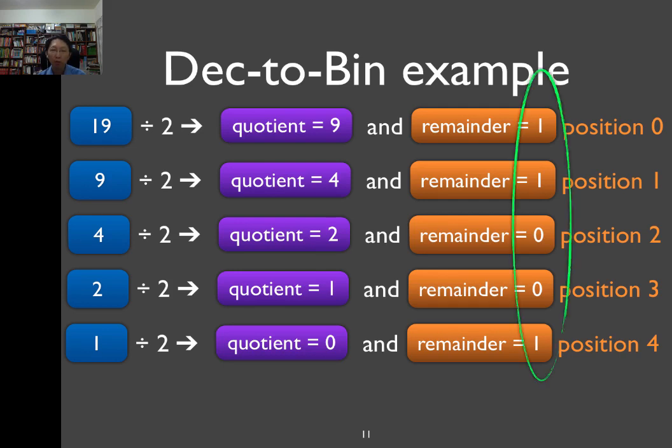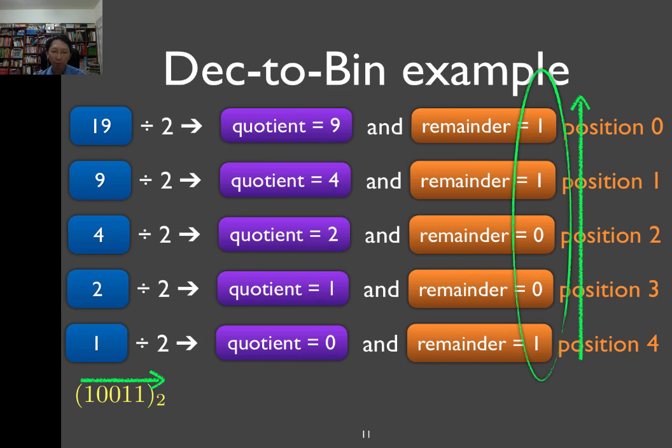All of the remainders combined can get the binary digits. And the leftmost bit is the last remainder. So we get 10011.